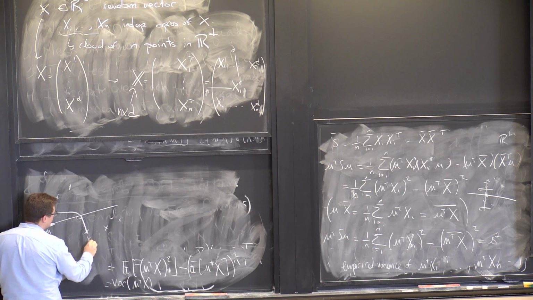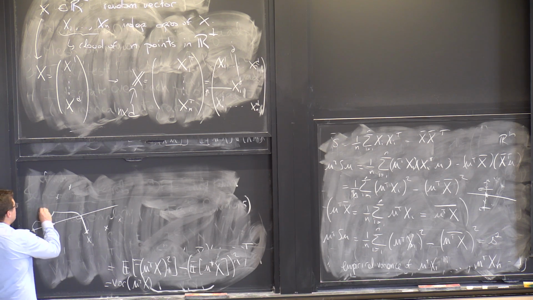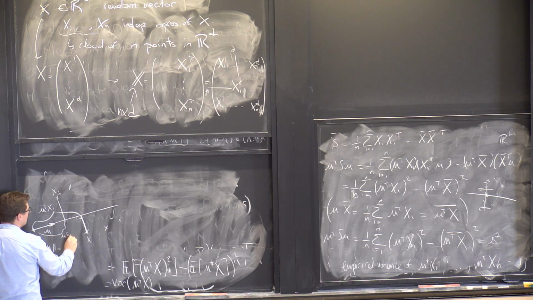Let's call this guy x1. What is the length of this guy, in terms of inner products? This is exactly U transpose x1. This length here, if this is x2, this is exactly U transpose x2.